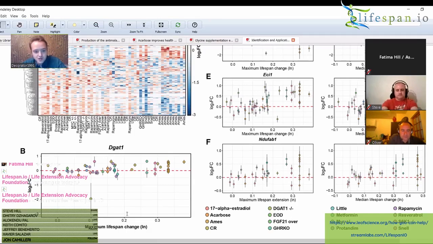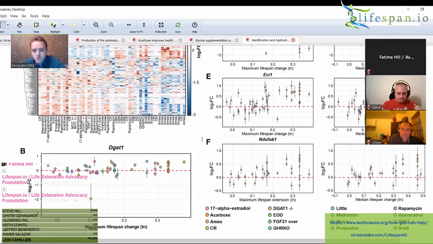On panel B, if you look at the expression of this gene, you can see that it's downregulated only in response to DGAT1 deletion, not surprisingly. In all other cases, it's even slightly upregulated. So the target is not always associated with the effect. Targets are kind of master regulators, which seem to change the whole profile of gene expression, and then this stimulates some changes associated with lifespan extension.